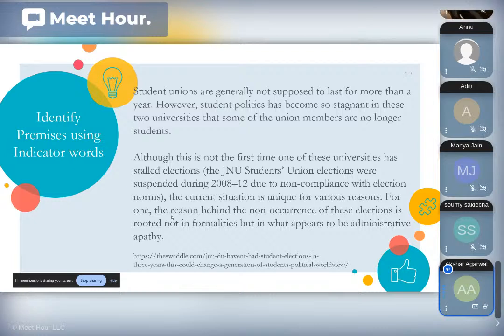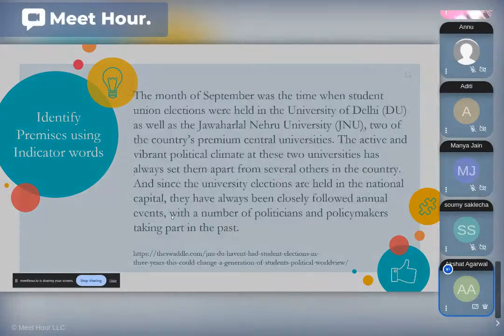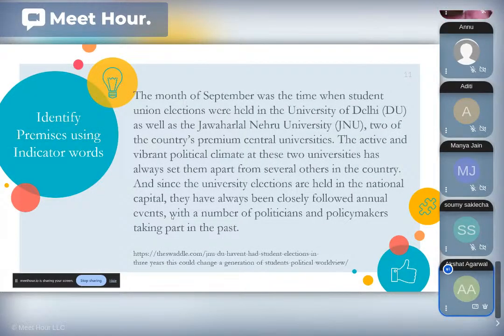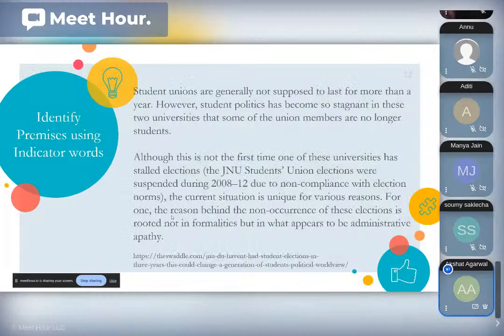Now the author is developing upon his argument. The author is basically saying that in JNU and these two universities, to some extent, the student politics has become stagnant, right? And then the author says that this is not the first time, but the situation is quite unique. So the author's argument is that the current situation of political stagnancy in these university elections is unique. That's the point which the author is trying to put across, right?